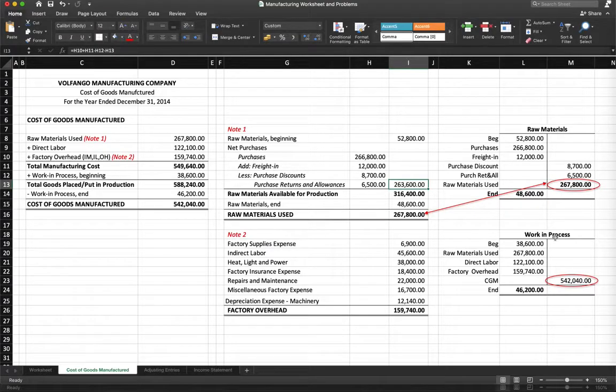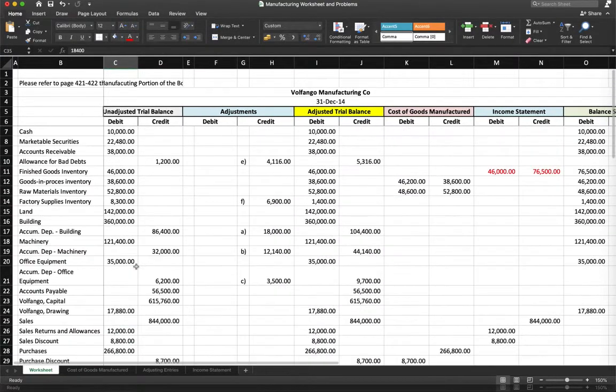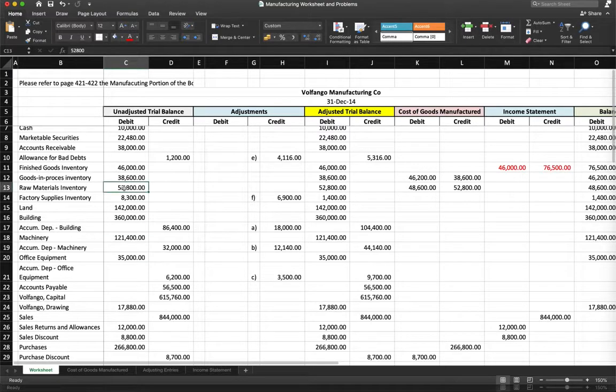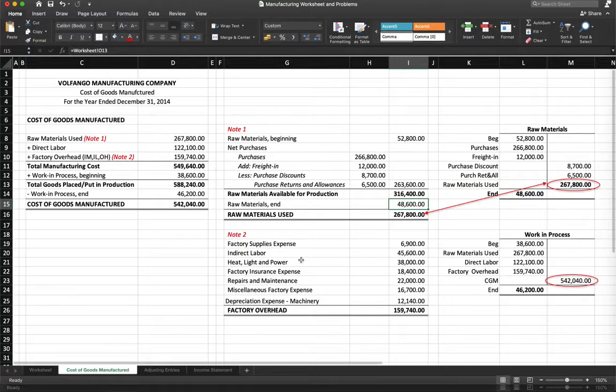And how much is our raw materials ending? 48,600. Saan nakuha yan? Dito, sa taas. Raw materials inventory, 48,600. Yun din yung given sa book. Okay? So, anong gagawin dito?